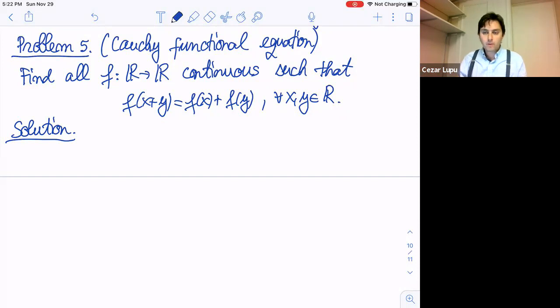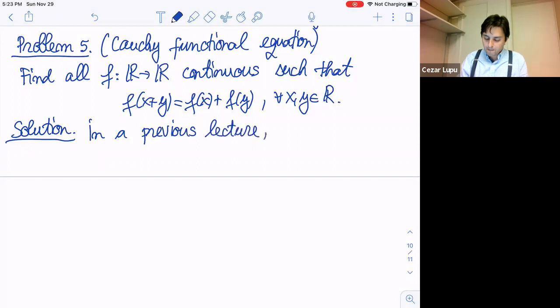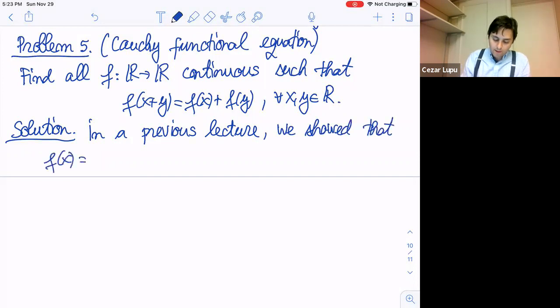And now we would like to continue the procedure. In a previous lecture, I don't recall exactly which one, but probably it was week 2, we showed that f of x is a times x for all x in Q, with a is f of 1.